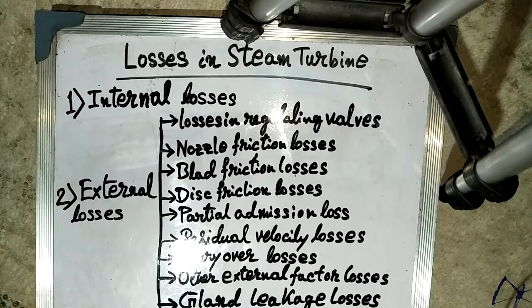Now the partial admission loss. An impulse stage operating with partial admission, or an early stage in such a turbine with nozzles provided only over a part of the blade periphery, has the blades idle during part of the revolution.